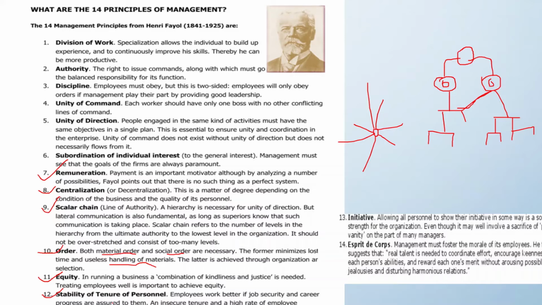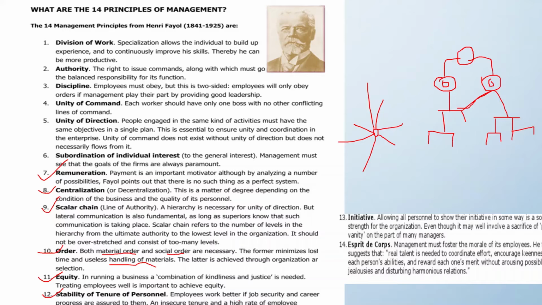When someone joins a company, they also need personal development, career growth, everything they try to achieve. So if they get that job security, career progress, and on-time promotions, they will stick to the company for a longer period. That will keep the personnel connected to the company for a longer period. That is the stability of that particular personnel.